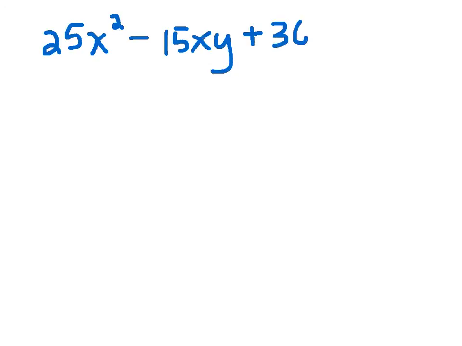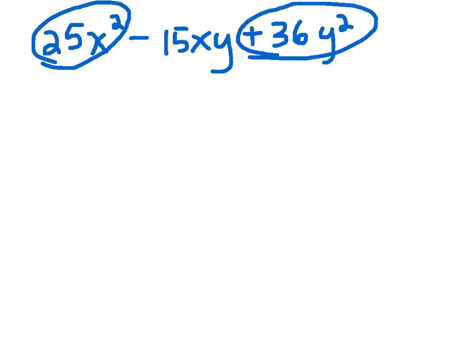25x squared minus 15xy plus 36y squared. In determining if this is a perfect square trinomial, is this a perfect square and is this a perfect square? The answer is yes, because 25 and 36 are both perfect squares, and these are both even exponents.